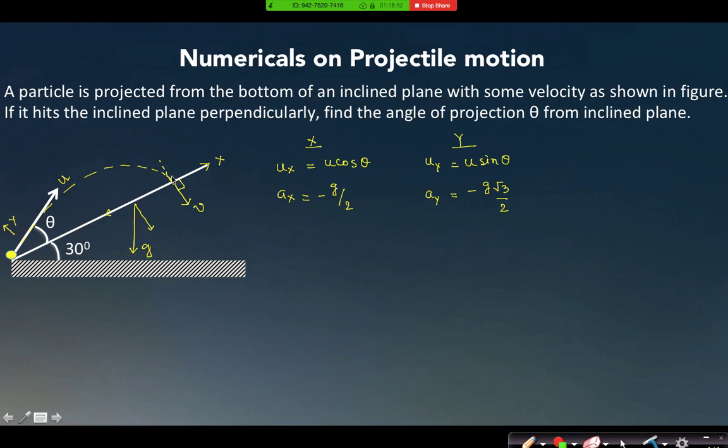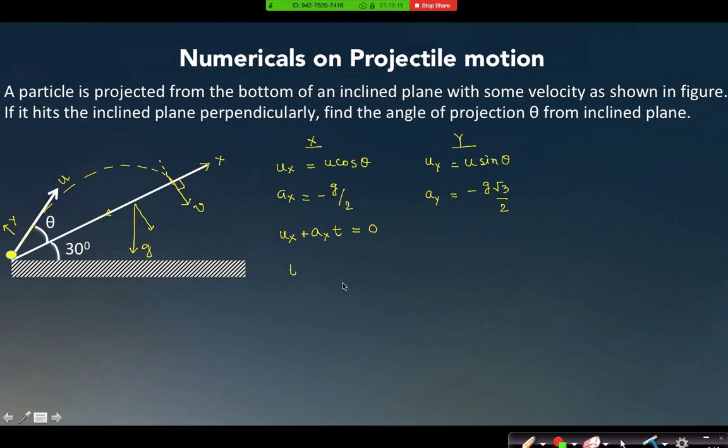Right? So if x component of the velocity is 0, here you can see that this is 30 degree, cos 30 degree, sin 30 degree. Then can I say that ux plus axt is equal to 0? Right?